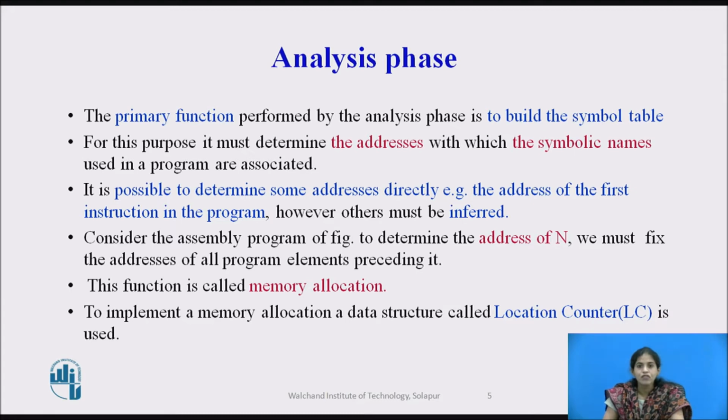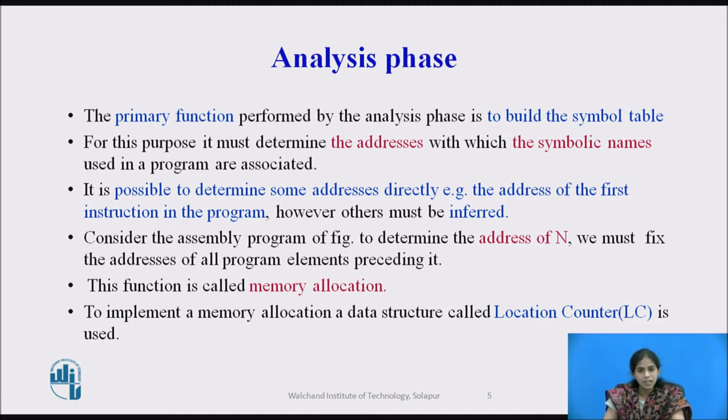It is possible to determine some addresses directly, for example the address of the first instruction in the program, but others must be inferred. Consider the assembly program of the figure, to determine the address of n, we must fix the addresses of all the program elements that precede it. This function is called memory allocation.